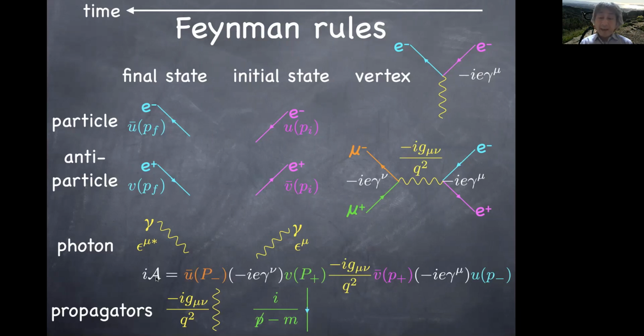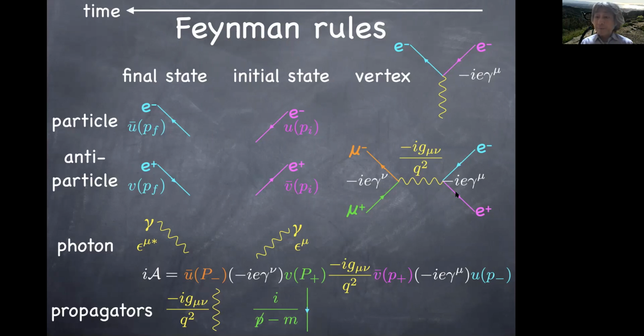So amplitude A typically comes with a factor of i for historical reasons. Then you see that you have the initial state electron. Using this Feynman rule, I associate a positive energy solution with its 4-momentum p minus, for the e minus. Following the arrow, next comes this vertex, minus i gamma mu. And for this initial state antiparticle, I associate the negative energy solution with a bar on it, with 4-momentum p plus for the e plus.